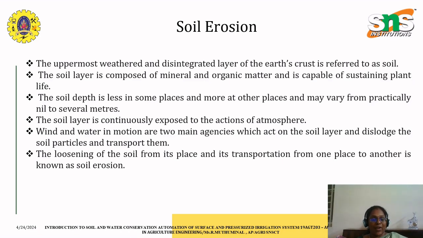This soil layer is continuously exposed to the action of the atmosphere.